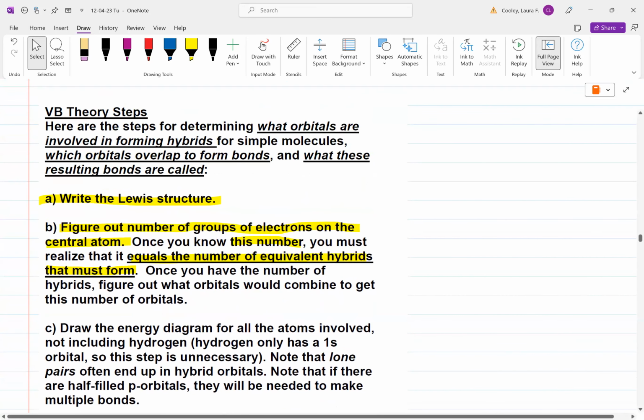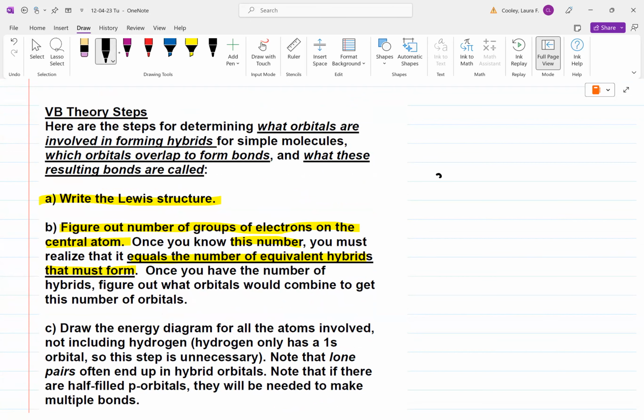And so the first thing we have to do, according to the steps, is to write the Lewis structure. And the molecule is C2H4. And this is the skeletal geometry. Okay, so skeletal structure.